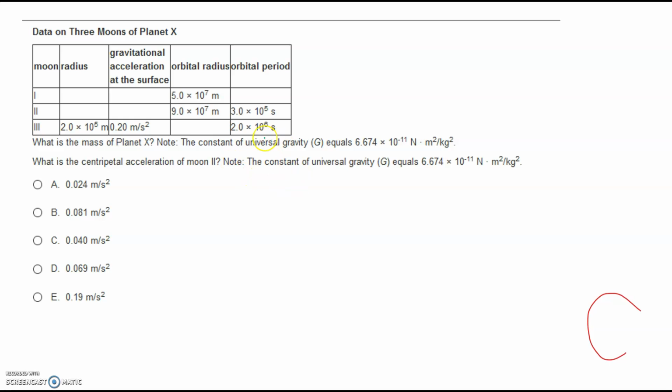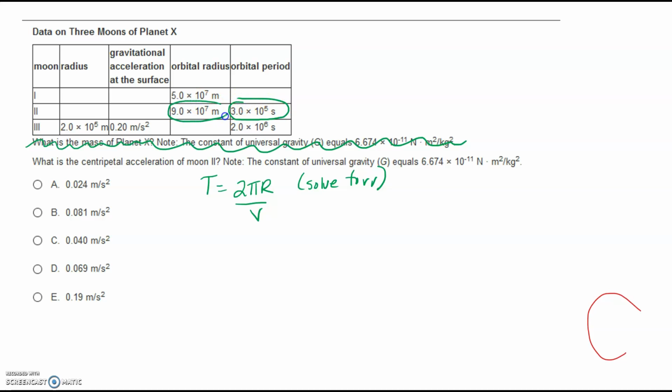Okay, so here, what's interesting is it asks for 2 questions, but you're not going to answer this one. Don't know why, because this is what they asked. This is what the answers are, is the centripetal acceleration of Moon 2. So t is equal to 2 pi r over v, and we're going to solve for v. So let's see. So I have this, and I have this.